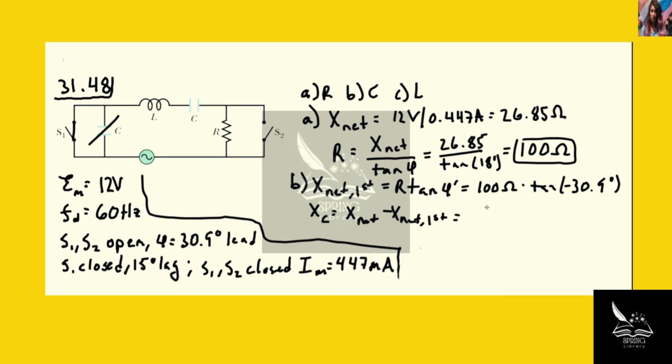And so the difference between these is 86.81 ohms. Oh, the value of this is negative 59.96 ohms. So the negative sign means that it's just out of phase enough to be negative.